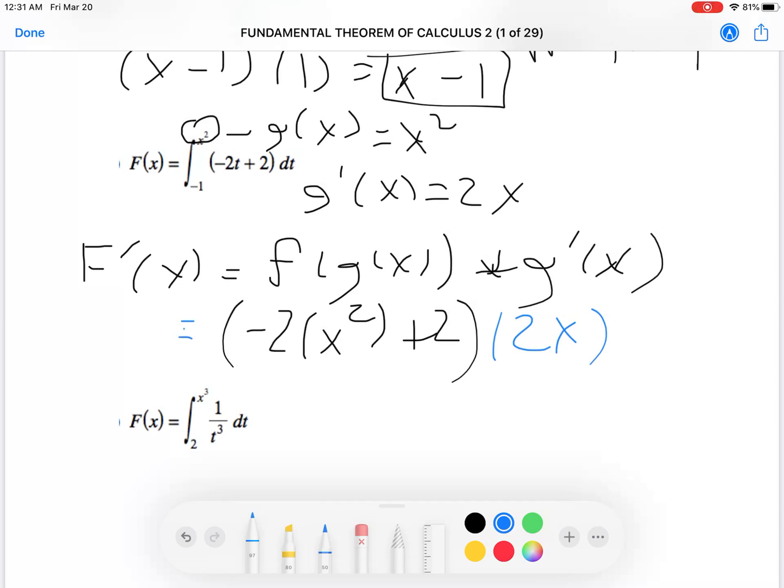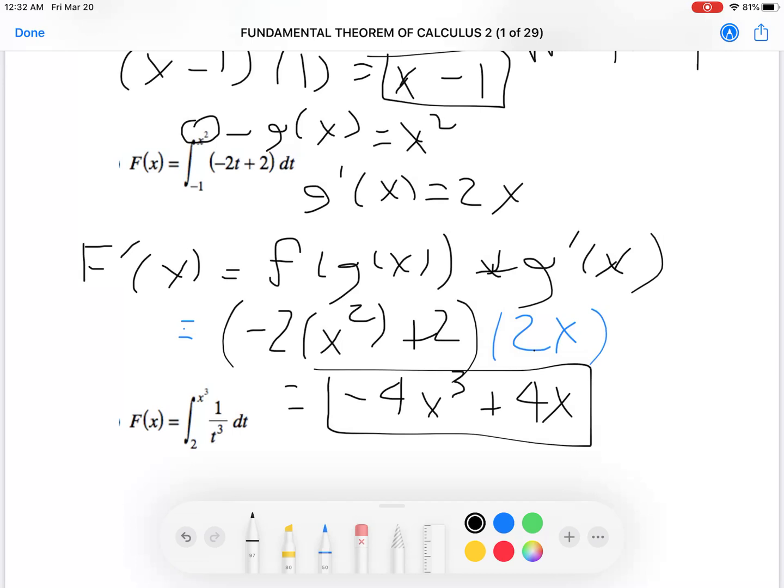I think we can clean this up a little bit. So 2 times negative 2 is negative 4, x squared times x is x cubed, and then 2 times 2x is 4x. Final answer.